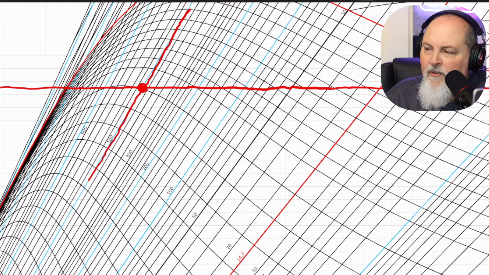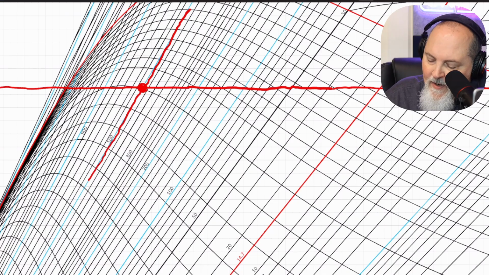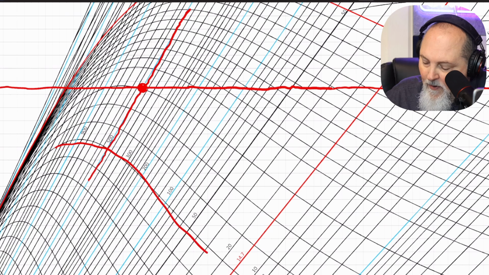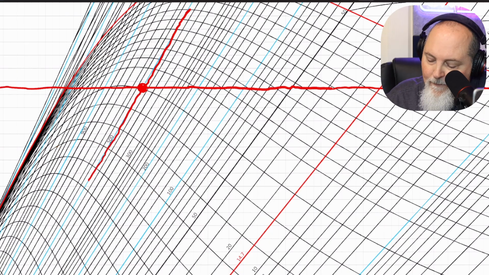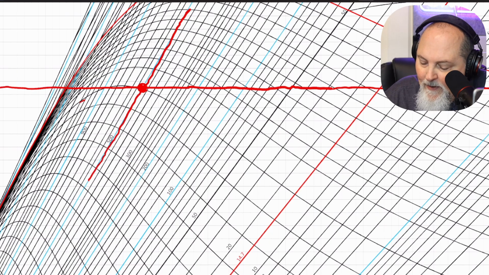And what it says to do is carefully follow that slope down to the right. And what that means is these lines here show you the quality of the steam. And so if you're looking for the quality, you got to follow those lines. And we land right on this line right here.